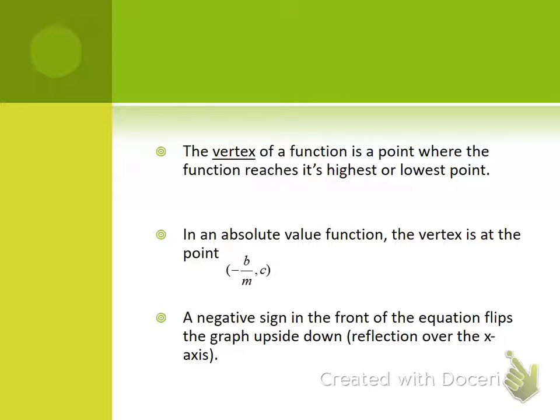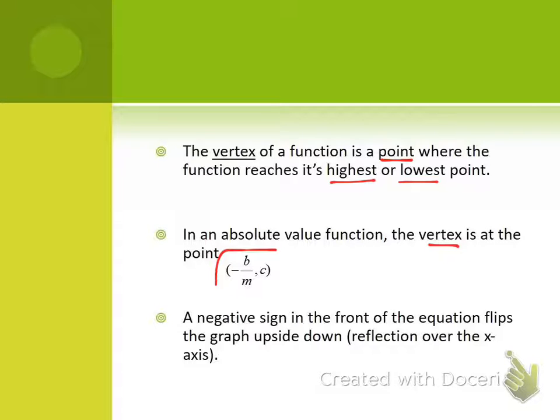The vertex of a function is a point where the function reaches its highest or lowest point. In an absolute value function, the vertex is at the point negative b over m comma c.